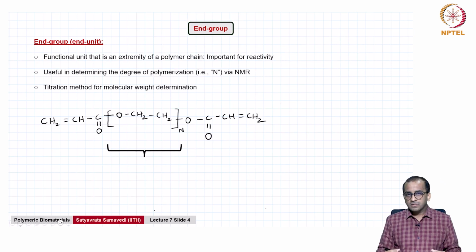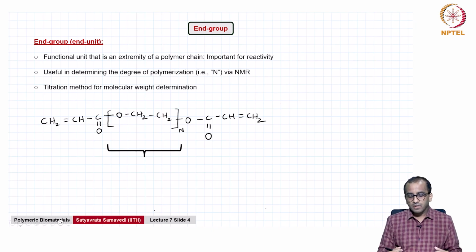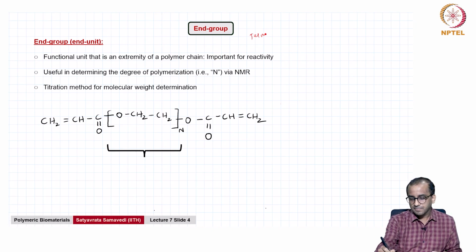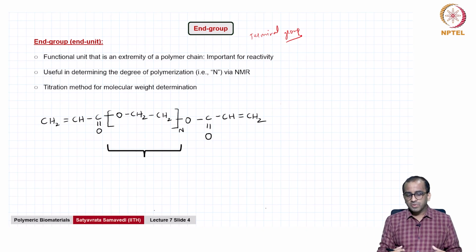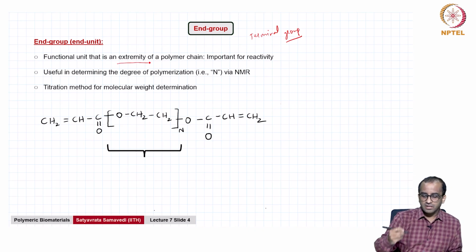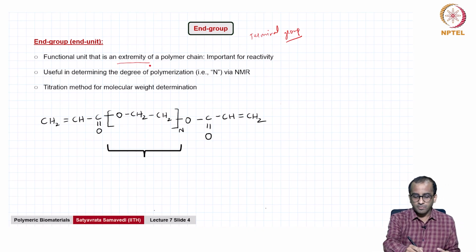Next, we look at something called the end group or terminal group. Now, the end group is typically the functional unit that lies, as the name indicates, at the extremity of a polymer chain.